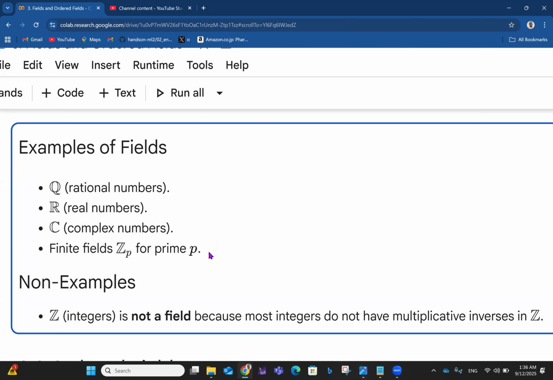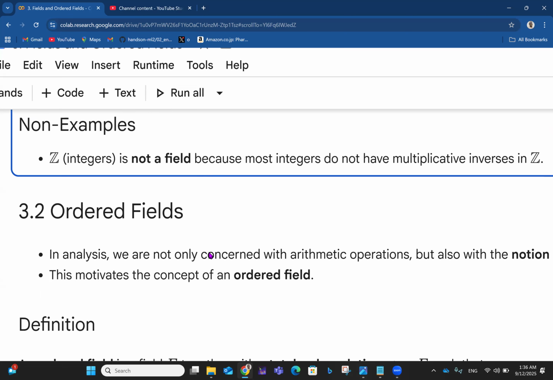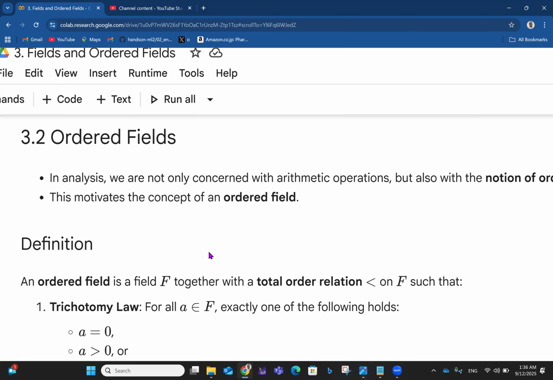So for instance, if you have 4, the multiplicative inverse of 4 is 1 over 4, which is not an integer. So as a result of that, though 4 belongs to Z, 1 over 4 does not belong to Z. Since the element and its multiplicative inverse are not both integers, you cannot say Z is a field, but every other one is a field. The set of integers is not a field. That's simply what we have seen there.